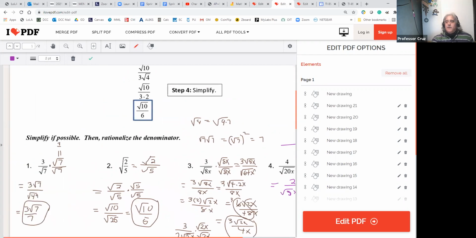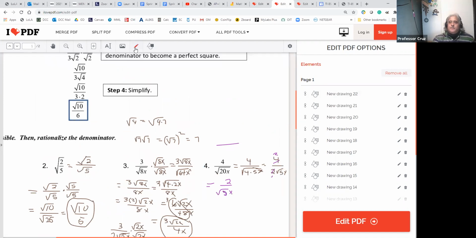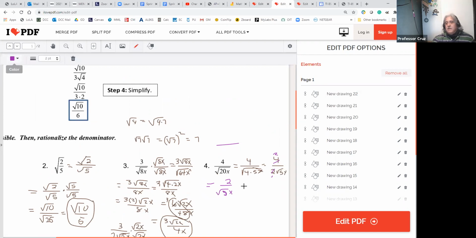like probably the first one, because you only need to multiply now by square root of 5x.